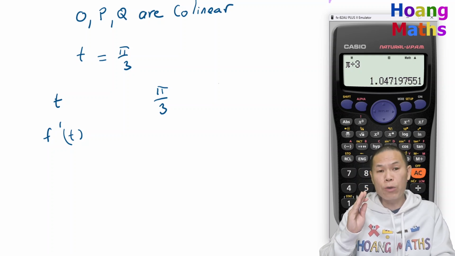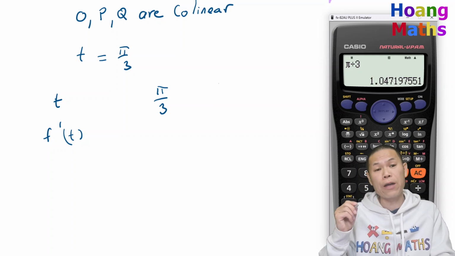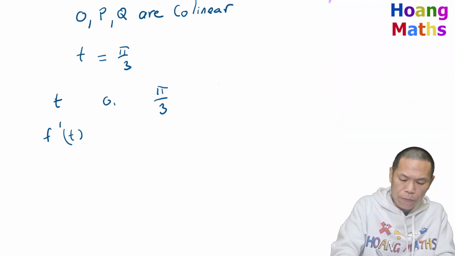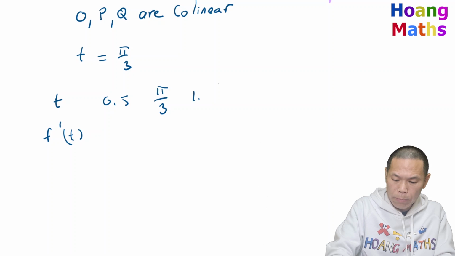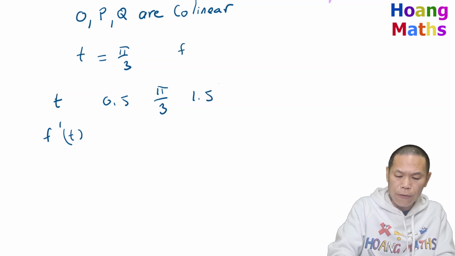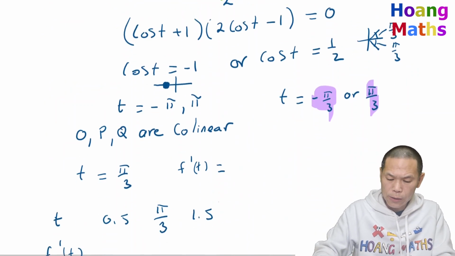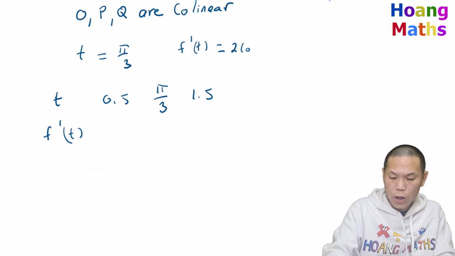So left of this will be 0.5 and right of pi over 3 is 1.5, right? And we know that f dash t is equal to this function here, 2 cos t plus 2 cos of 2t.